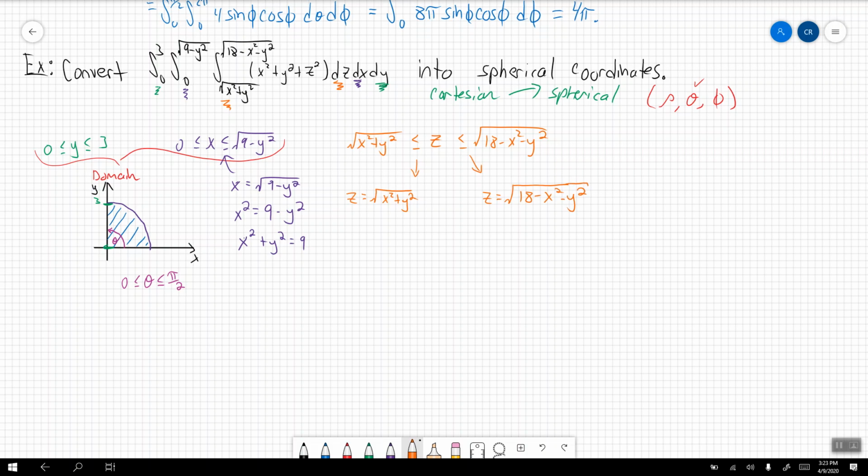All right, now from here I'm going to say, okay, if these two are the z values that we're traversing through in the coordinate system, let's check to see if they intersect. If they intersect, it's going to give me something beneficial because it's going to give me some possible z value that I can then look at. So let's look at these two. When is this equation equal to this equation?